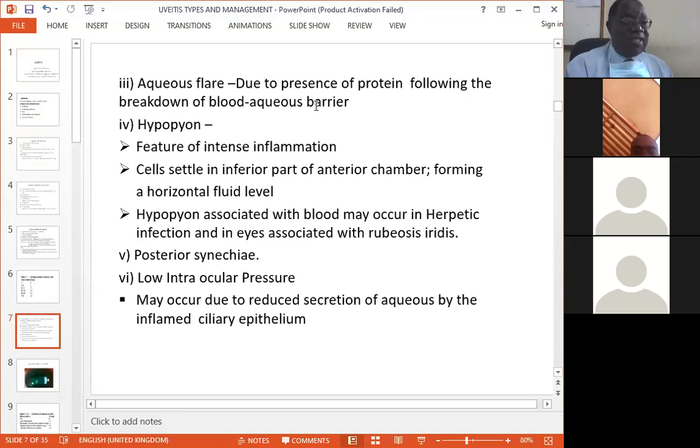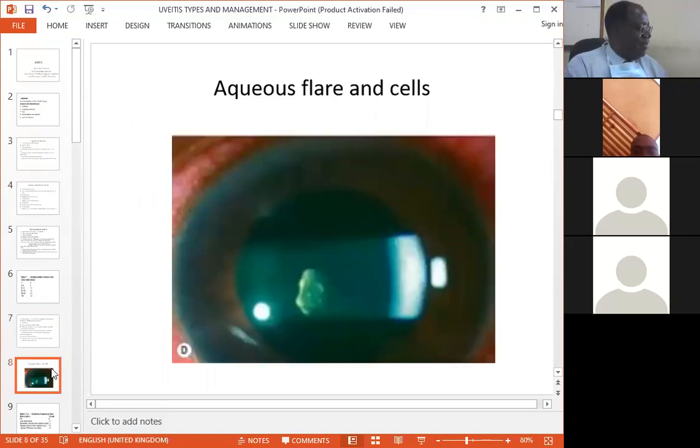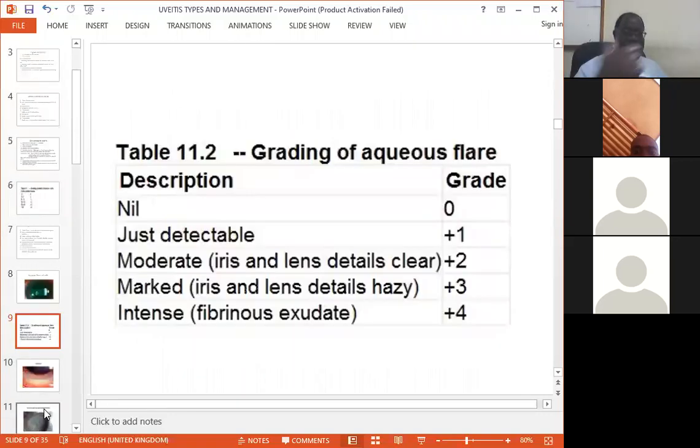In chronic uveitis, long-standing cases, the eye looks completely white, but when you go on the slit lamp, you find plenty of cells in the anterior chamber. That is chronic uveitis. This is the grading of the acute one, where there may be just 0 or maybe 1 or 2 cells, 3 cells.